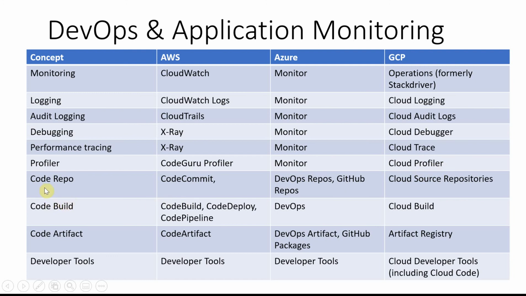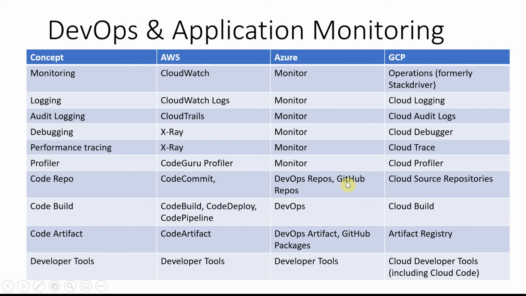Code repo, where you put all your source code in one place, a GitHub equivalent. It is AWS CodeCommit, and in Azure it is Azure DevOps Repos or GitHub repos. As you all know, GitHub is now Microsoft's company; Microsoft acquired GitHub.